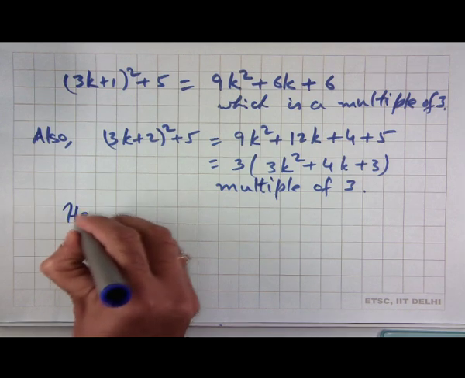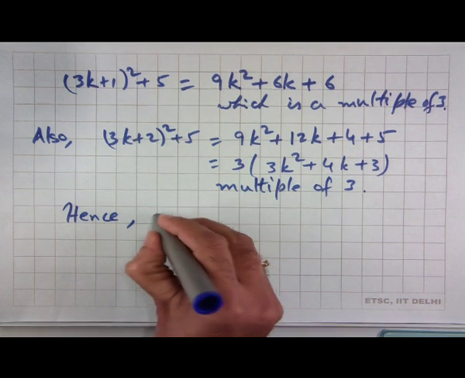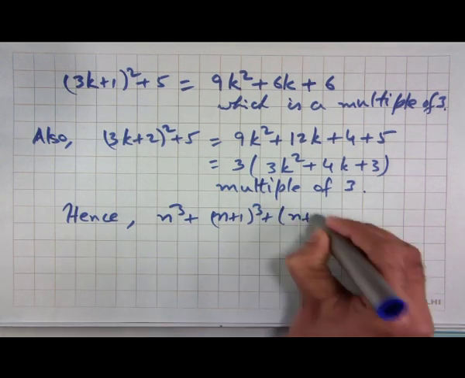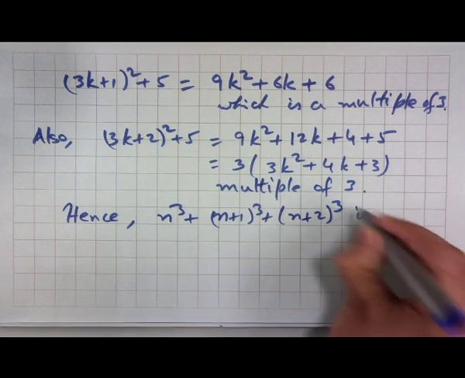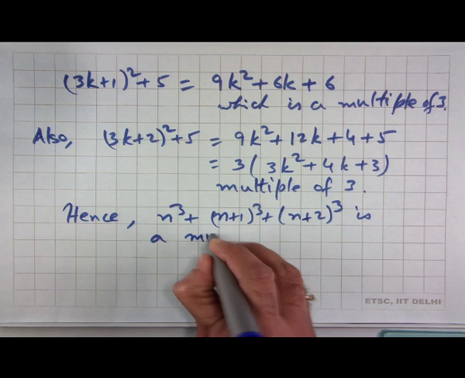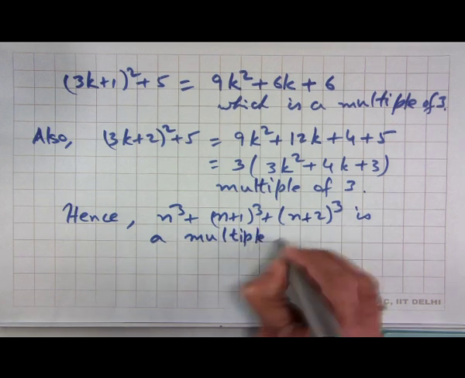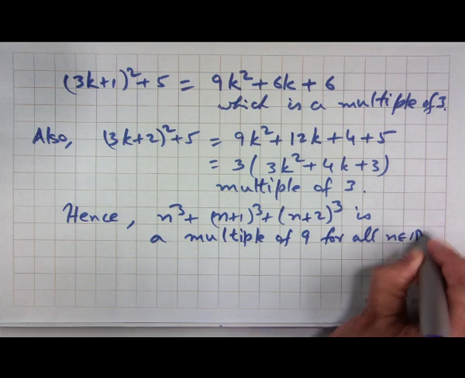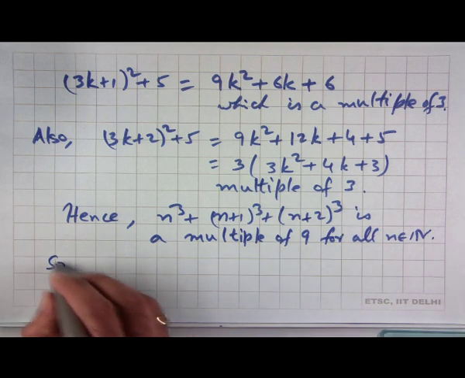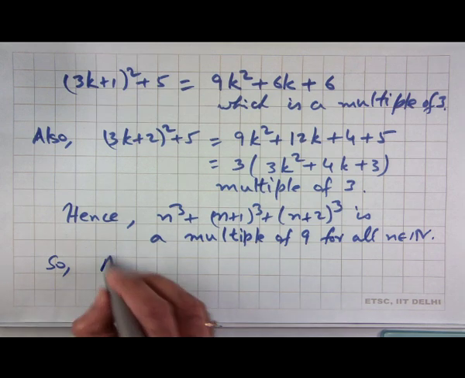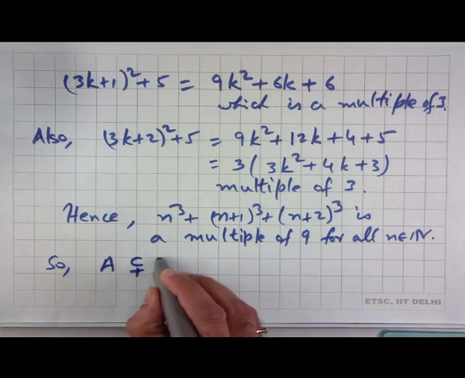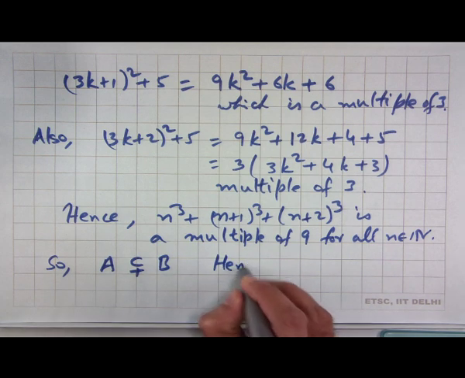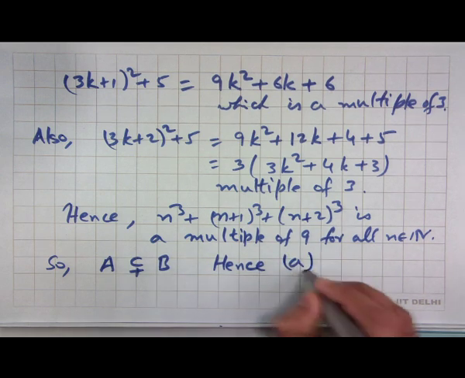So, hence n cube plus (n plus 1) cube plus (n plus 2) cube is a multiple of 9 for all n in N. So, we have the set A is a proper subset of B, hence A and D are correct.